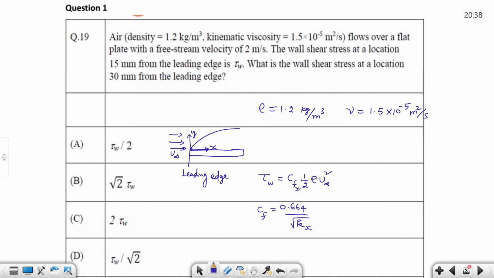So maybe CFX at a distance x. This is for laminar flow. For flow over a plate, if the Reynolds number is less than 5 into 10 power 5, then this is laminar.